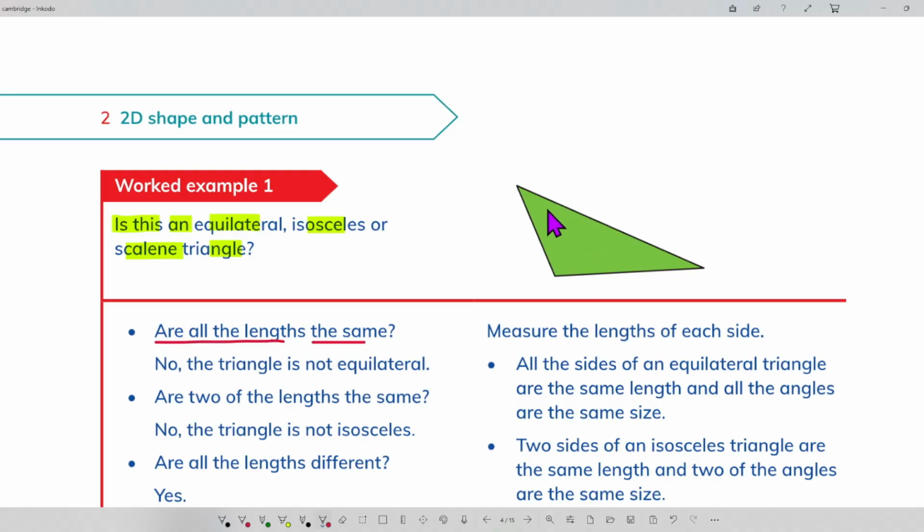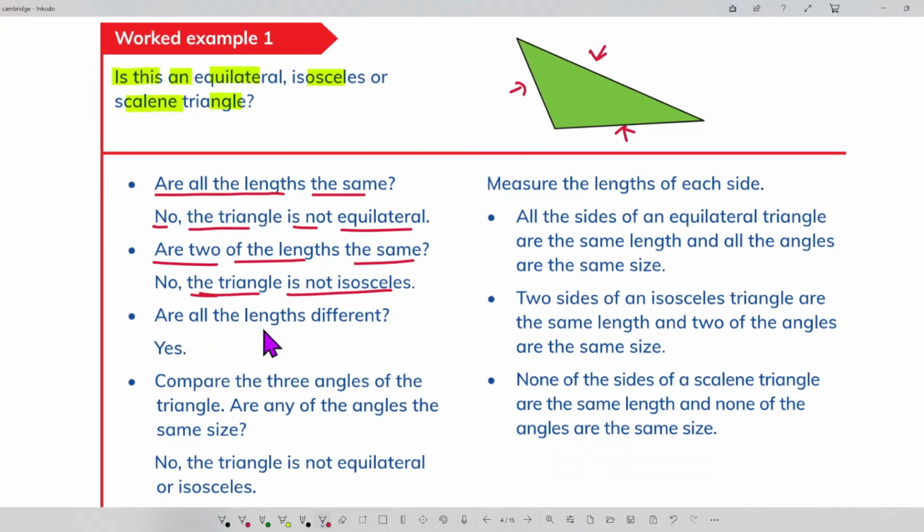Here the lengths are not the same. No. So the triangle is not equilateral. Are 2 of the lengths the same? Look, this one and this one and this one are not equal. No. So in this case the triangle is not isosceles.